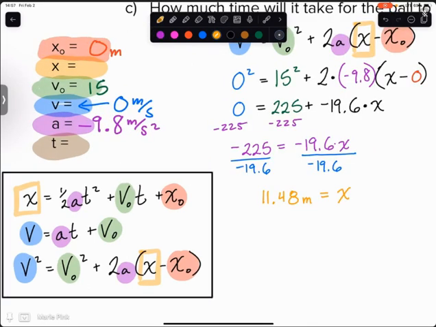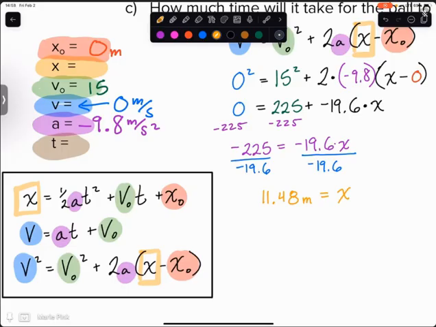Alrighty, so now we got a position of 11.48 meters for x, and so this is going to get plugged in here. So now if we wanted to use position in one of our equations, we totally can, because now we do have these.